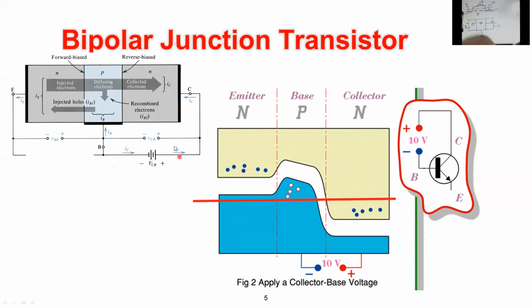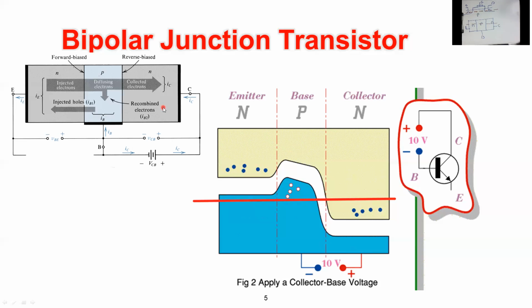Now, as you can see from this configuration, the negative terminal of the battery is connected to the P side, which is the base, and the positive terminal of the battery is connected to the N side, which is the collector. From your previous lecture, whenever you connect a negative voltage to the P and a positive voltage to the N, the device is under reverse bias.